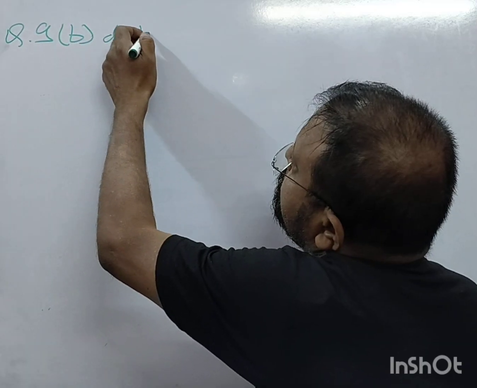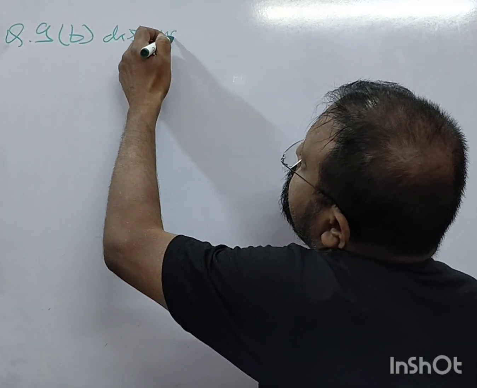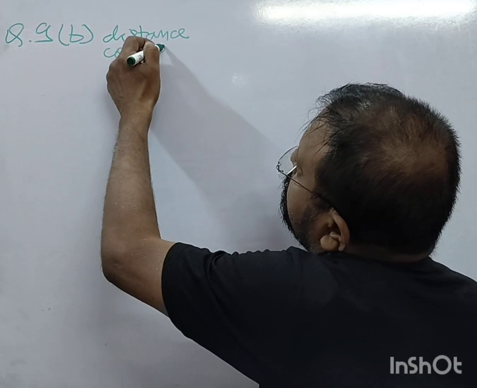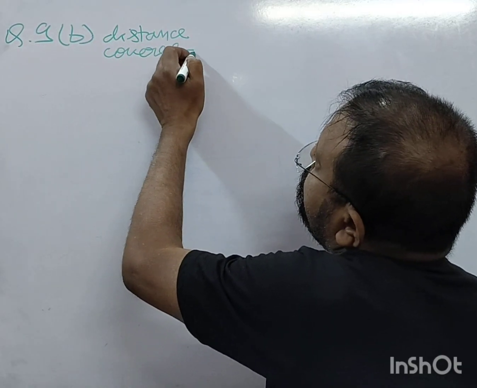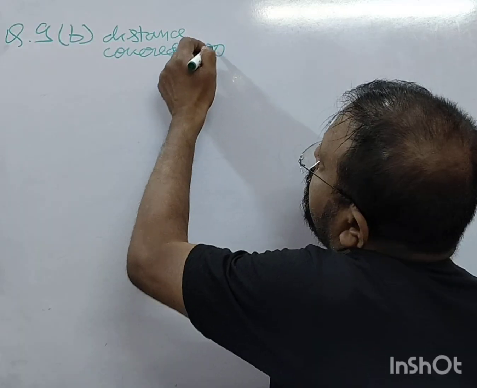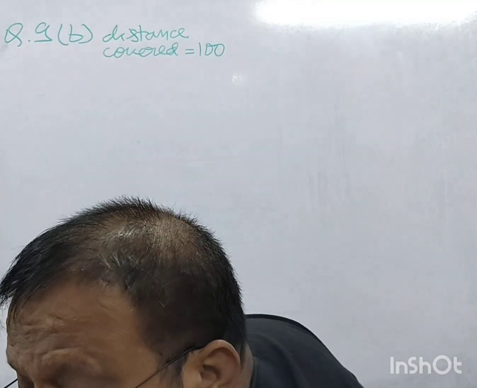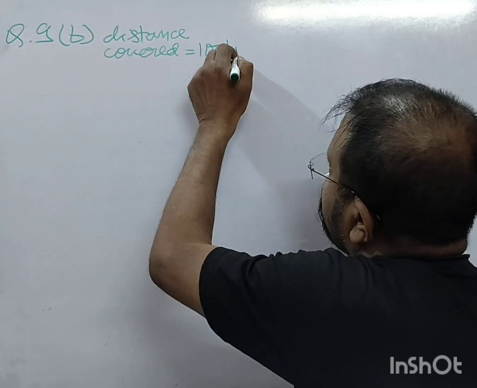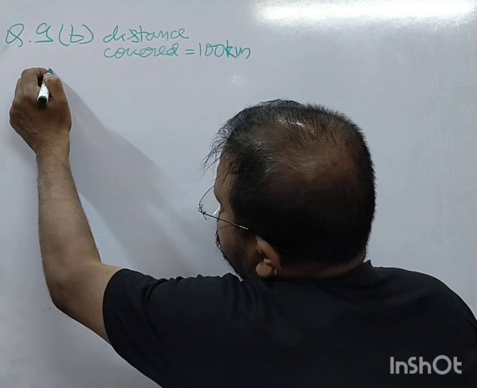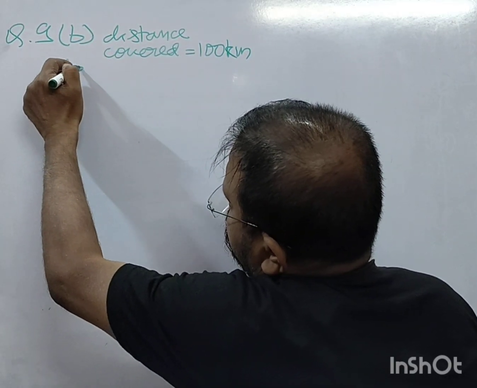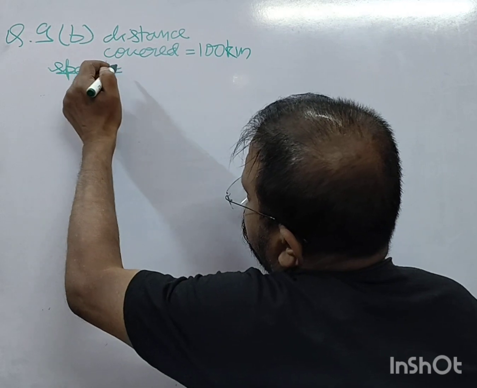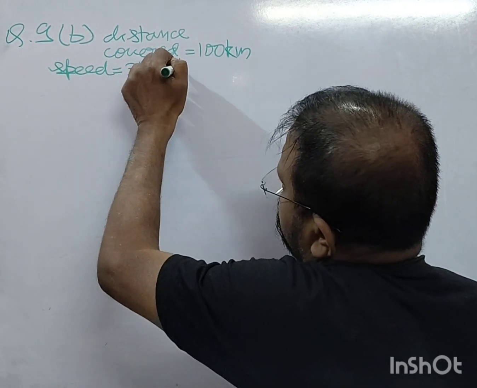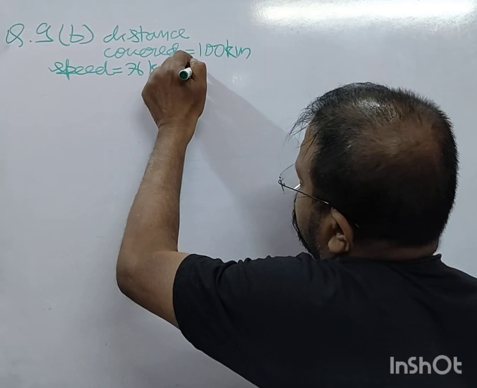Distance covered is 100 kilometer. Speed is equal to x kilometer per hour.